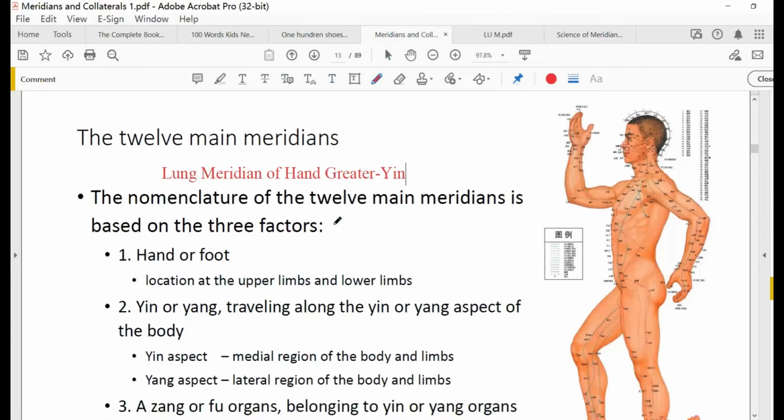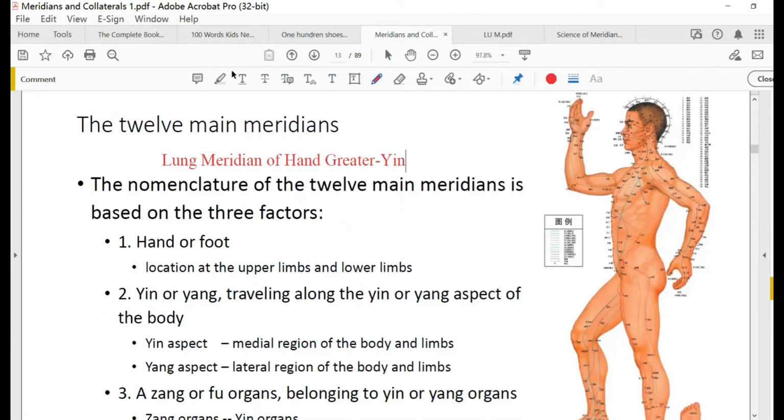Take a look at the name here. That's the full name of the meridian.